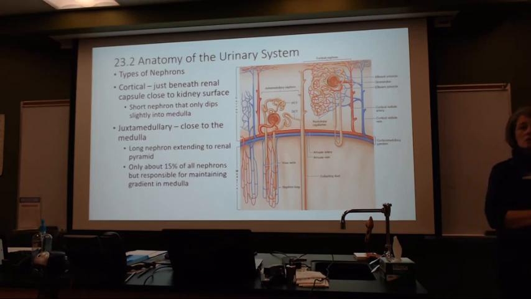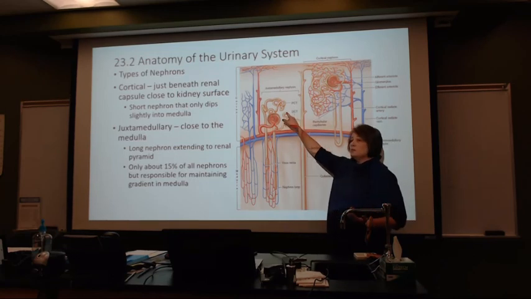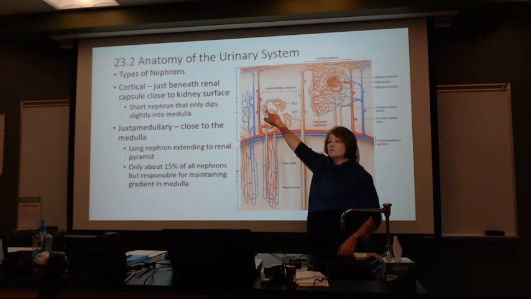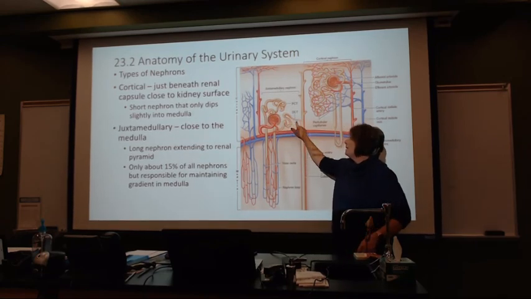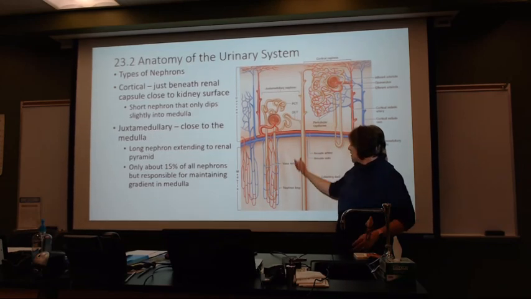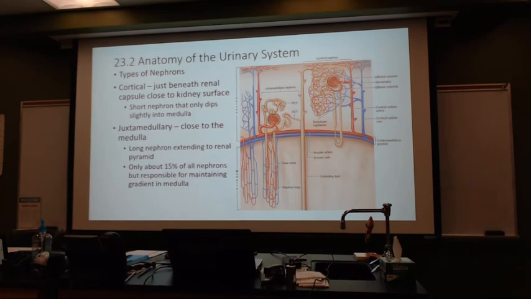And by the tubes, you mean like the nephron? Right. When we say the tubular system, it's going to be made up of my proximal convoluted tubes, my distal convoluted tubes, the nephron loop, and my collecting duct. Is there only one collecting duct in every? There's one collecting duct for about every 10 to 20 nephrons.